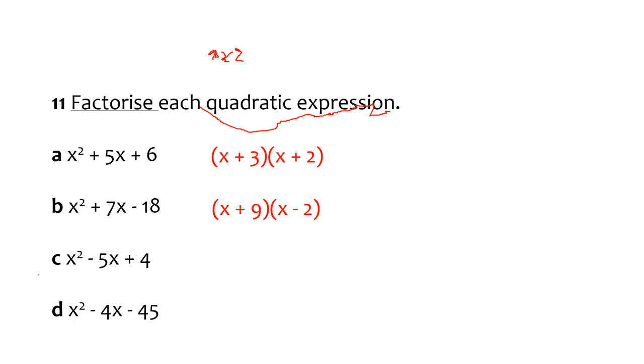Now, x squared plus 5x plus 6. Let me tell you how we do this. We are looking for two numbers that when we multiply them, they give you 6, the last term, but when you add them, they give you the coefficient of the middle term.